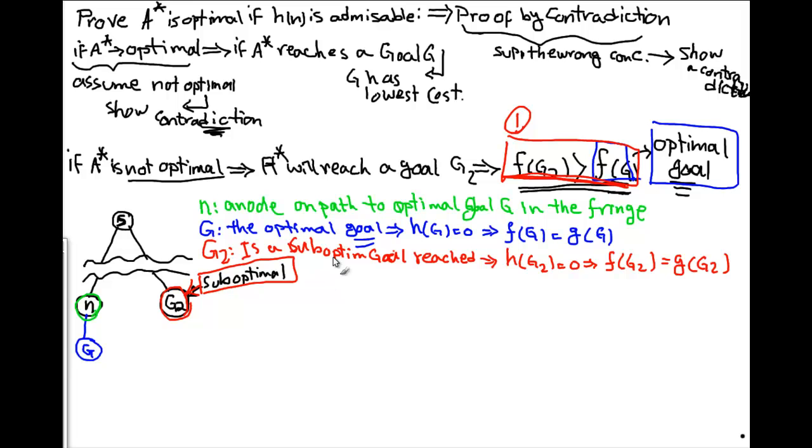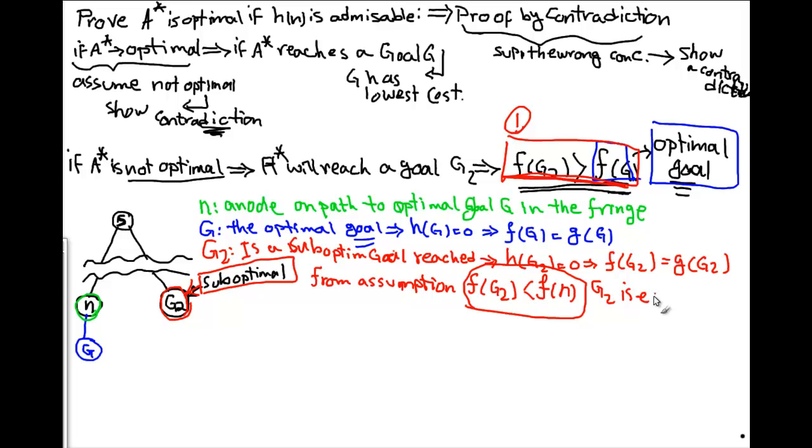So from all this, since I assume A star is suboptimal and f of G sub 2 is greater than f of G, from the assumption, f of G sub 2 is going to be considered to be less than f of N, because G sub 2 is expanded, right?